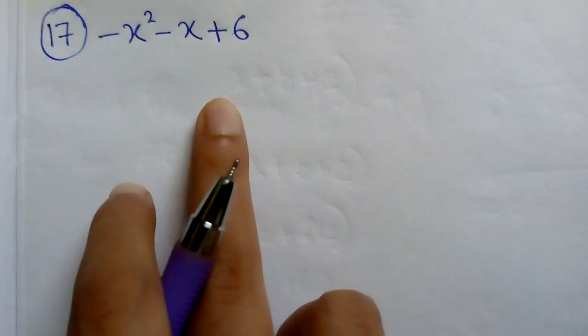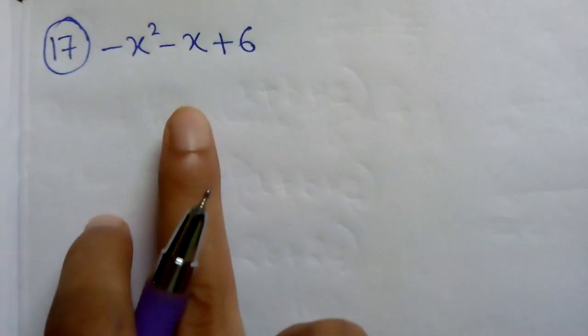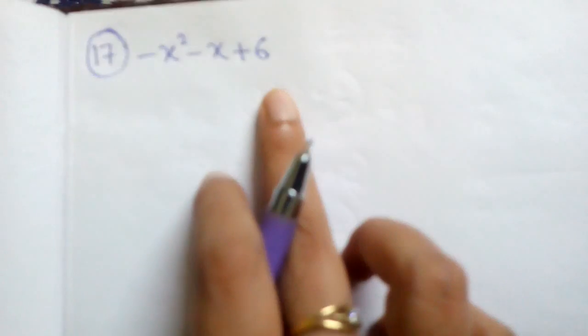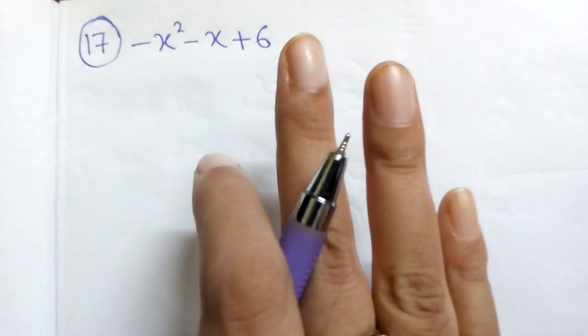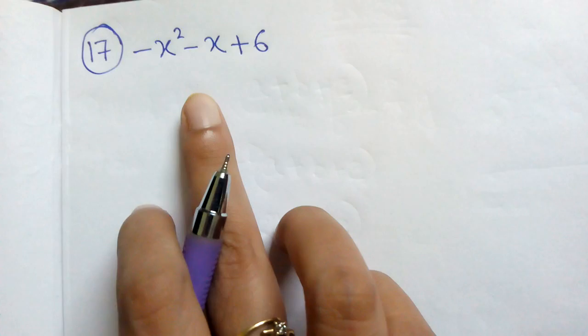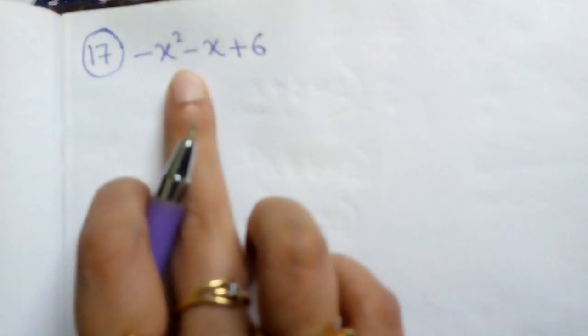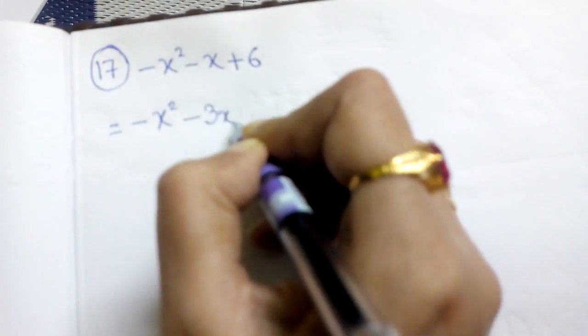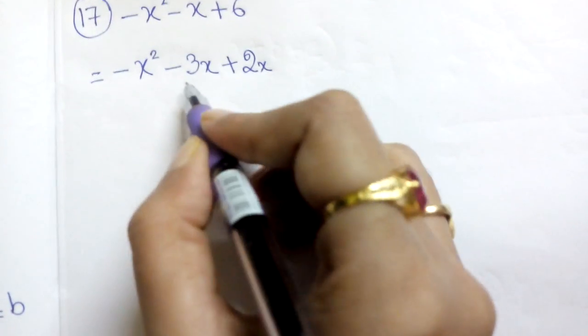Now we are going to solve sum number 17, that is minus x square minus x plus 6. So 6 by expressing it in the form of 3 into 2 I can get 6, and 3x minus 2x will give me x, but over here minus sign is there, so I will be writing it as minus 3x plus 2x, because minus into plus will give me minus.